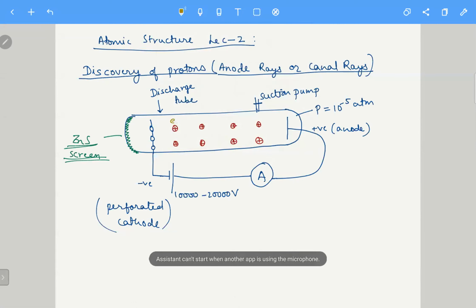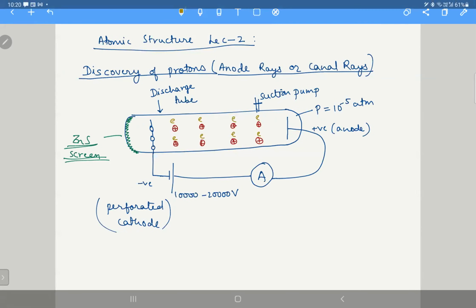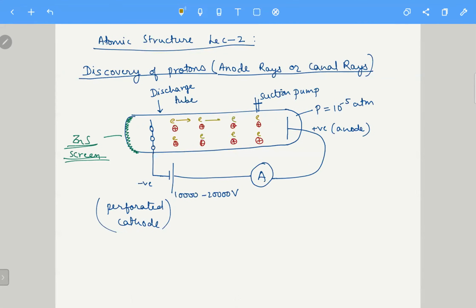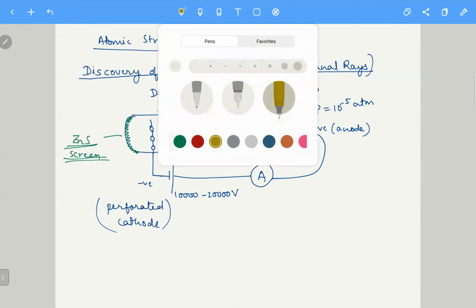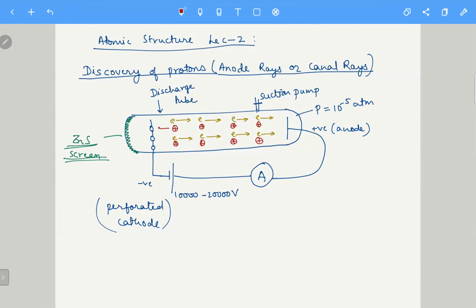Electrons start traveling in the opposite direction, towards the positive plate, constituting the cathode rays. The positive particles start traveling towards the cathode, constituting the anode rays.